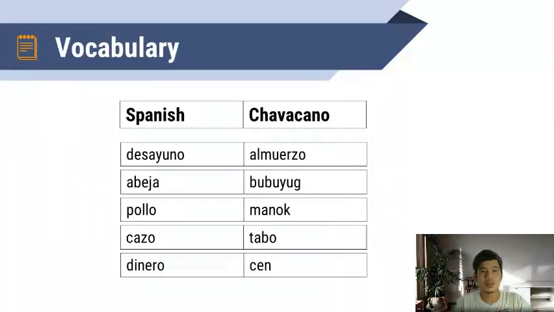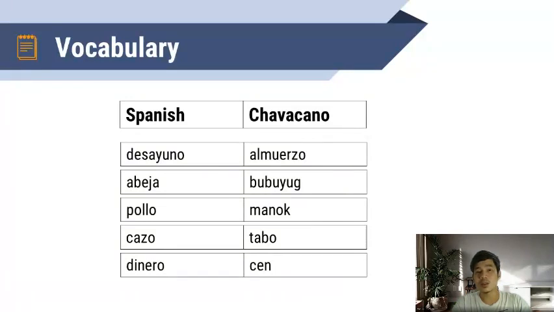So here are some of the vocabulary items that are distinct from each other. In Spanish, the word desayuno is called almuerzo in Chavacano. Desayuno in Spanish means breakfast. Almuerzo also in Chavacano means breakfast.